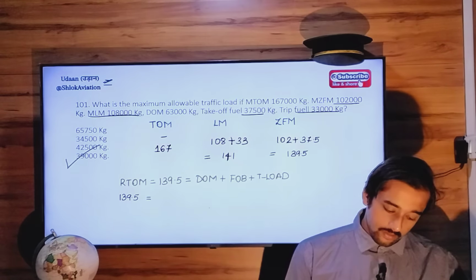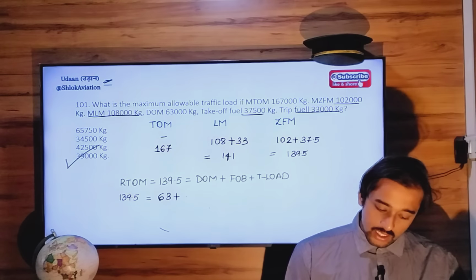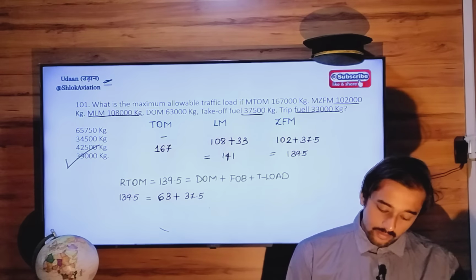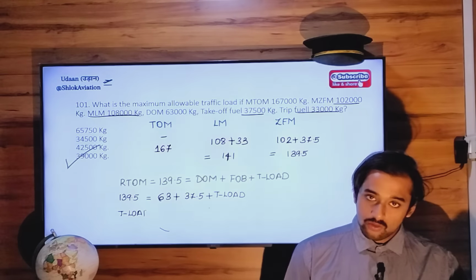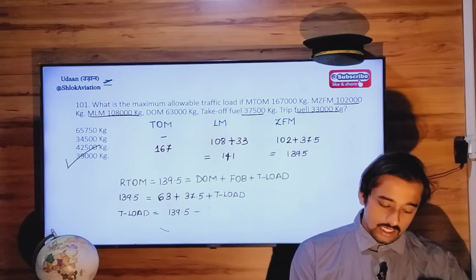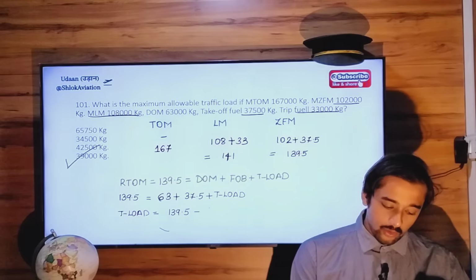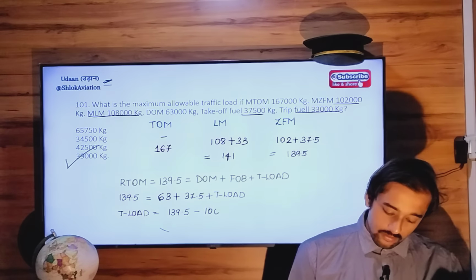DOM is 63. Fuel on board is 37.5. We'll find traffic load. So traffic load will be equal to 139.5 minus 63 plus 37.5, which is 100.5.